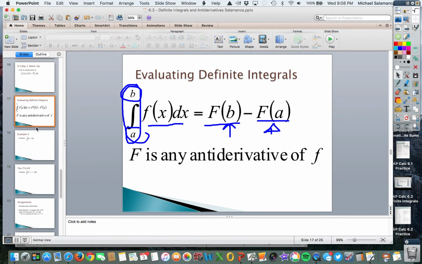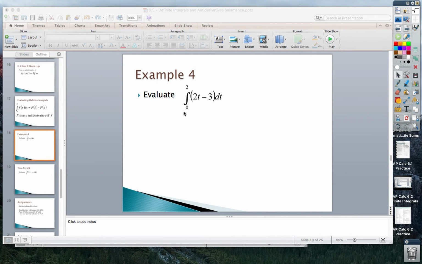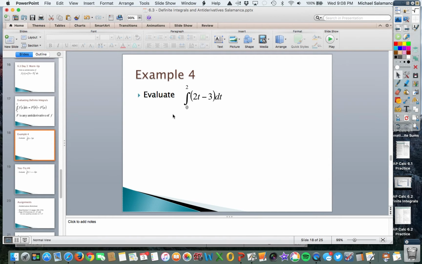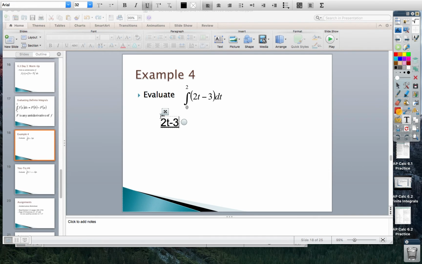So let's try a couple together. So we have 2t minus 3. And when we take the antiderivative of this, what we're going to be left with is 2t squared divided by 2.